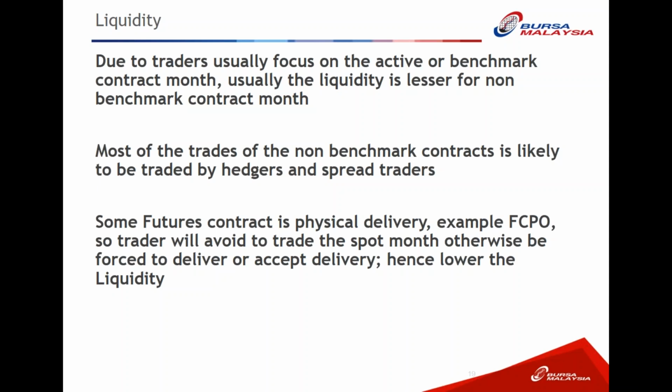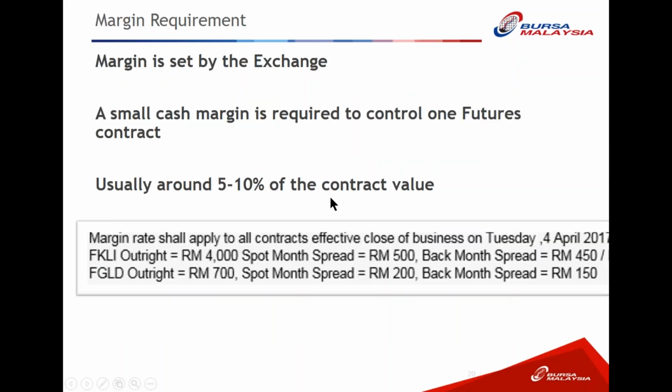This is part of the idea you have to control to know where to trade. Some futures contracts are physical delivery like CPO, so traders will avoid the spot month, otherwise you're forced to deliver or accept delivery. That is why the liquidity is smaller or lower.